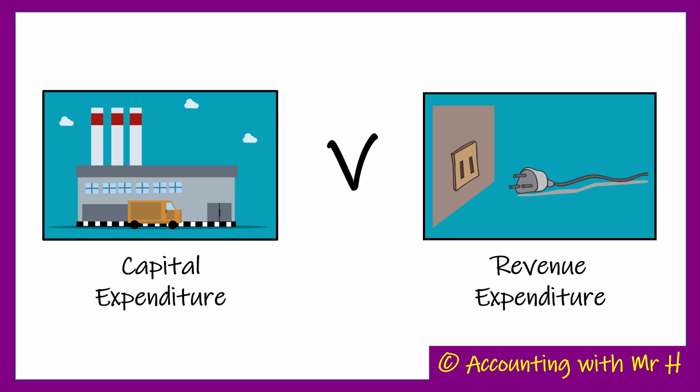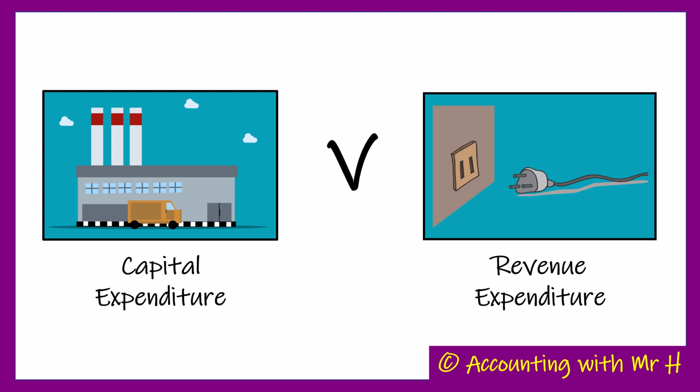That's going to make the profit for that particular year significantly lower, and that might cause all sorts of problems. The owners of the business might think the business isn't doing very well. They might then make incorrect decisions. So it's all about, as always, keeping things true and fair, making sure that the accounts reflect the position of that business at that one year or at that particular time.